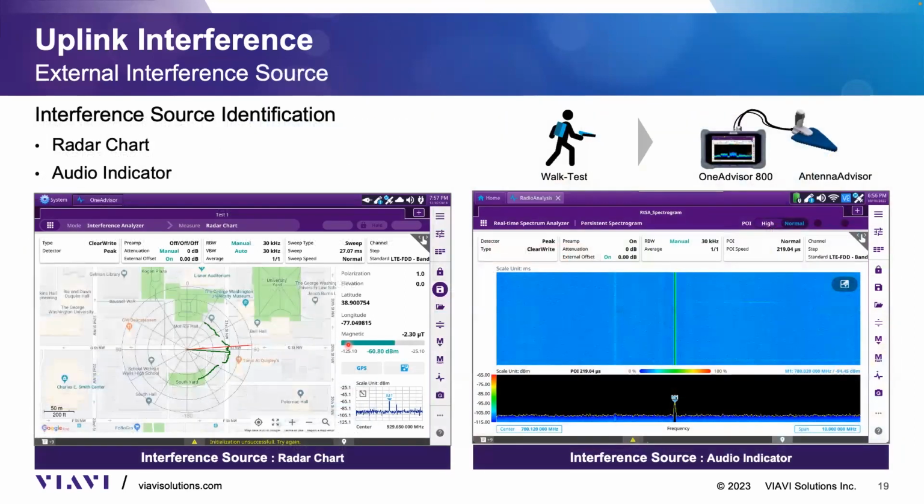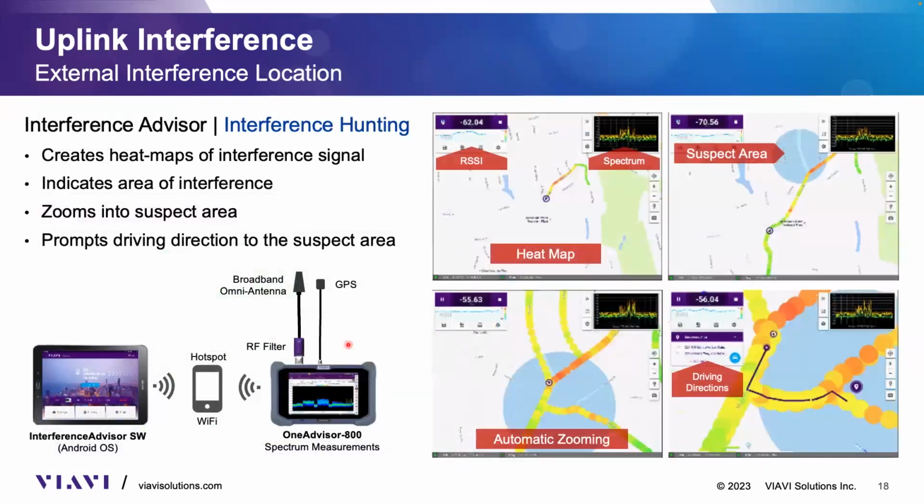Eduardo, there is a question based on that screen that you just showed. The question is, what are the RF filter characteristics in your diagram? Yeah, these filters are different based on the different band, the different uplink frequency that we're looking for.